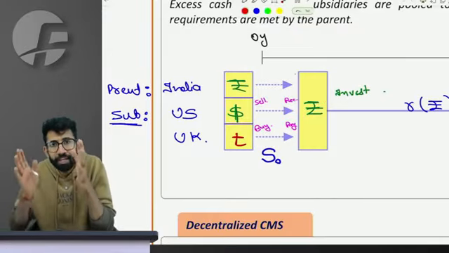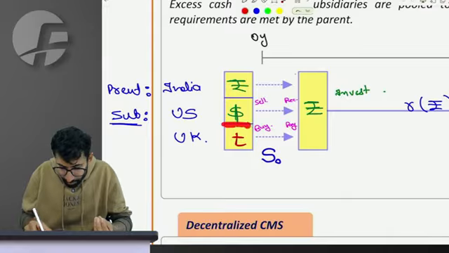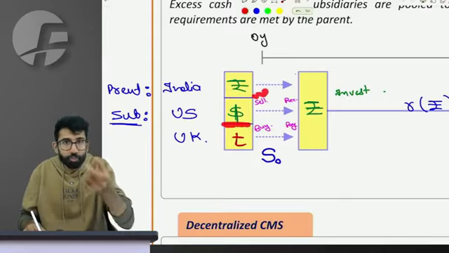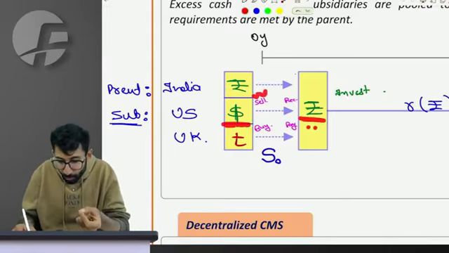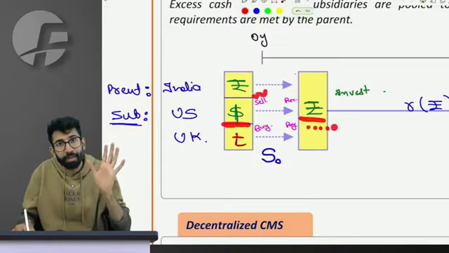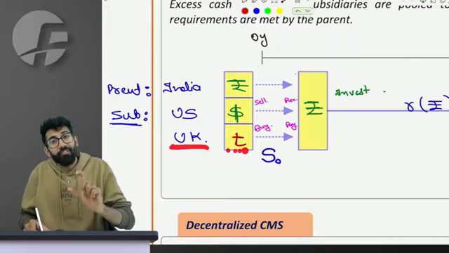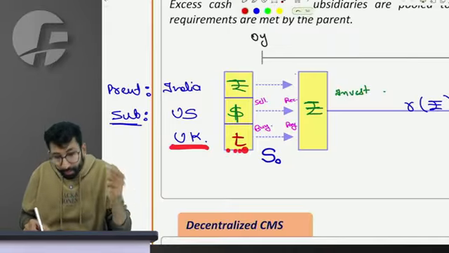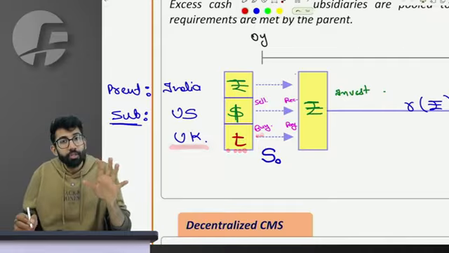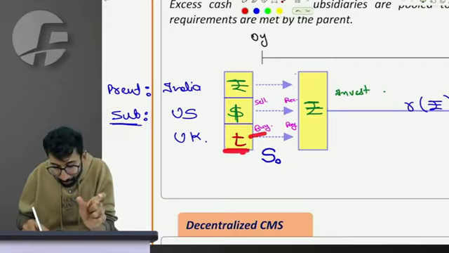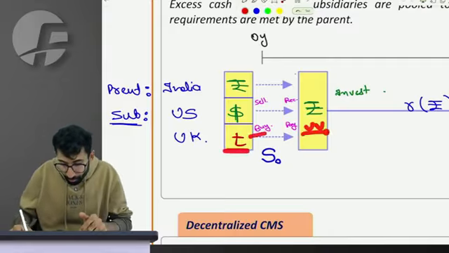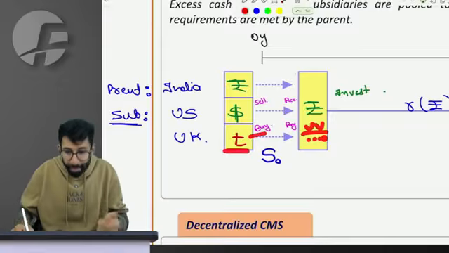The US company says we have these many extra dollars; you sell those extra dollars, receive rupee against them, and transfer that rupee to the Indian parent. The UK company, rather than having pounds available, has a deficit of pounds. So if they have a deficit, they will buy pounds, for which the rupee will be paid by the parent company.